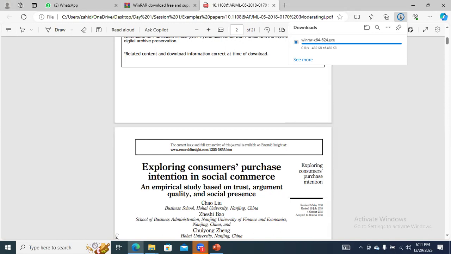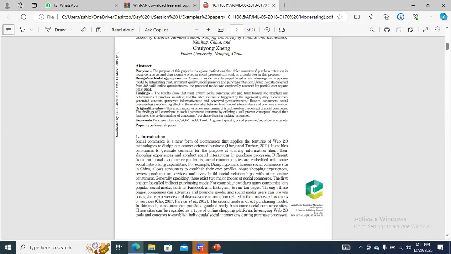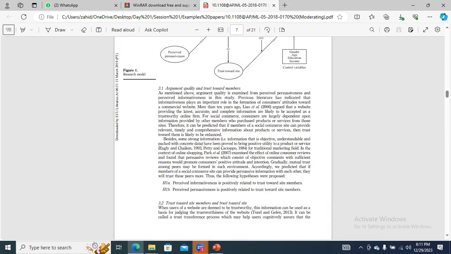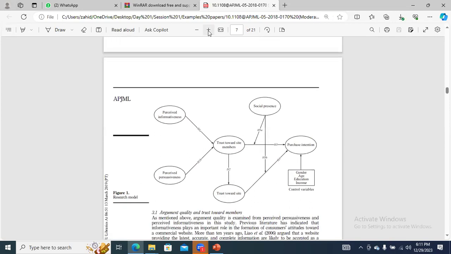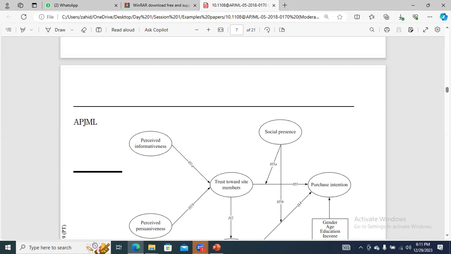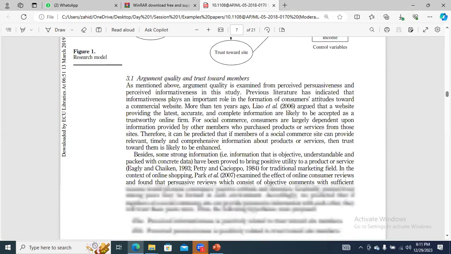There is a research model, how these concepts are applied over here, how these are measured over here, and how can we estimate a model.